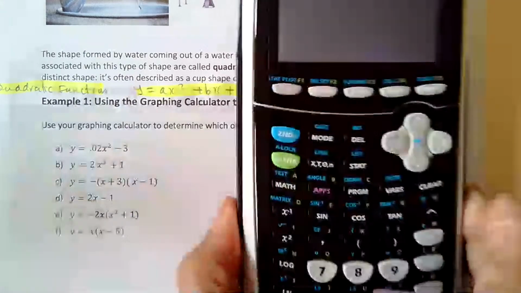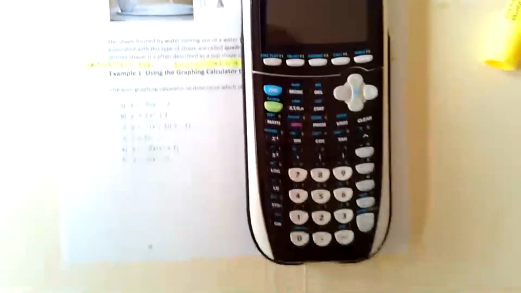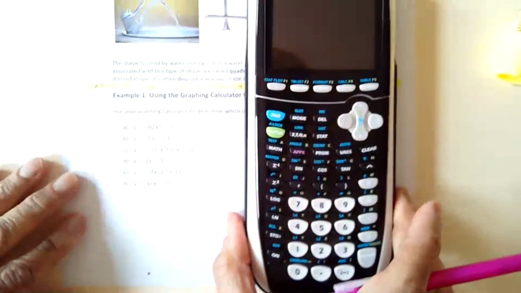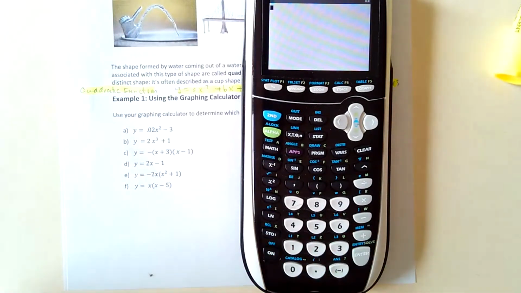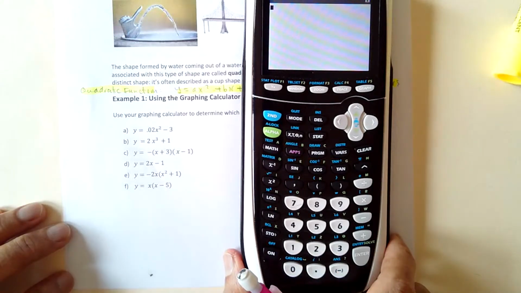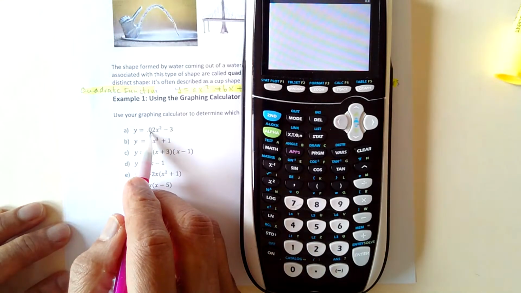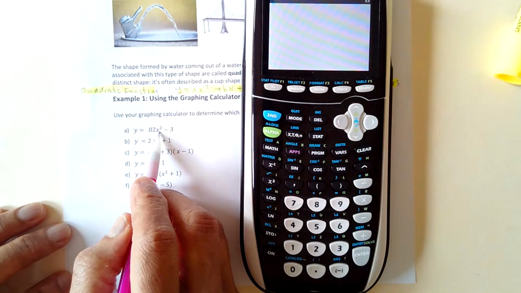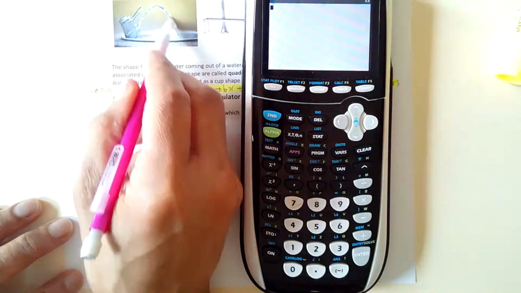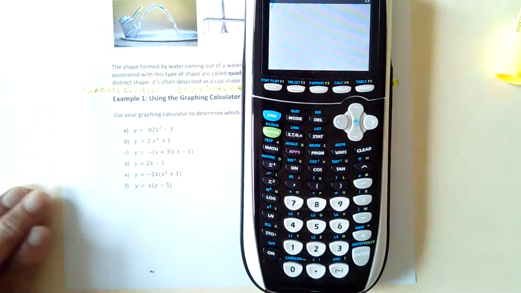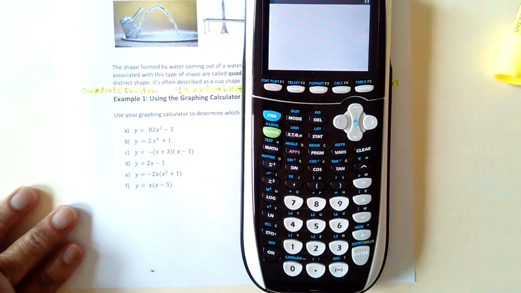I'm going to demonstrate using the graphing calculator, but you can also use Desmos. It has the same feature. Here we have y is equal to 0.02x squared minus 3. Remember, quadratic functions have this shape. The curve is not a straight line.